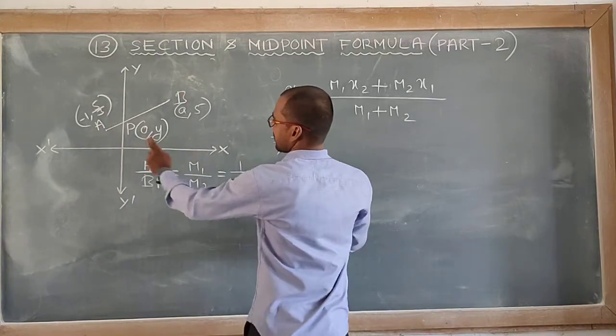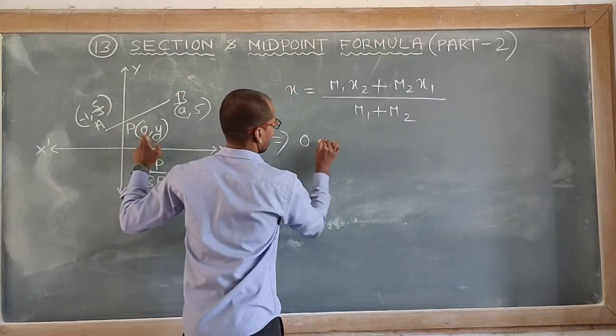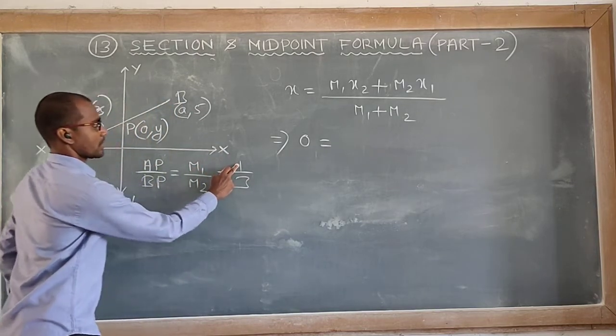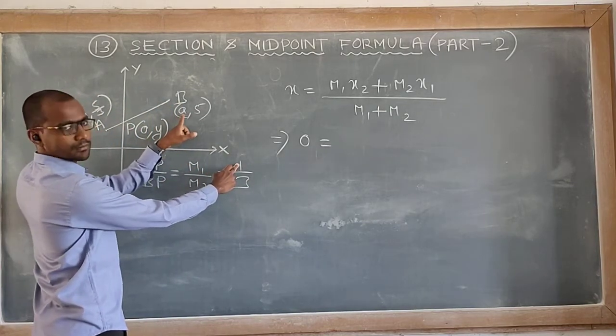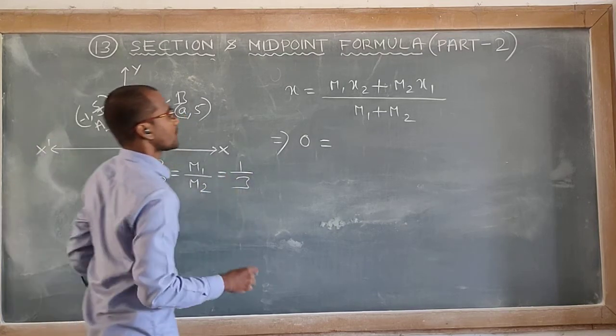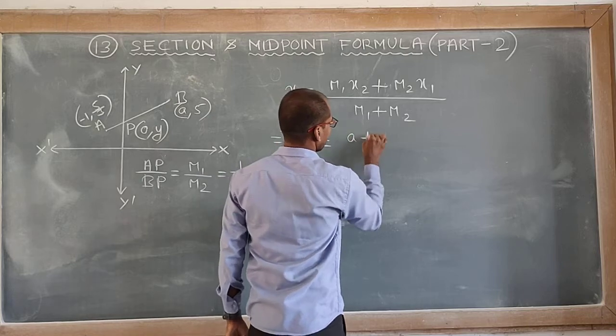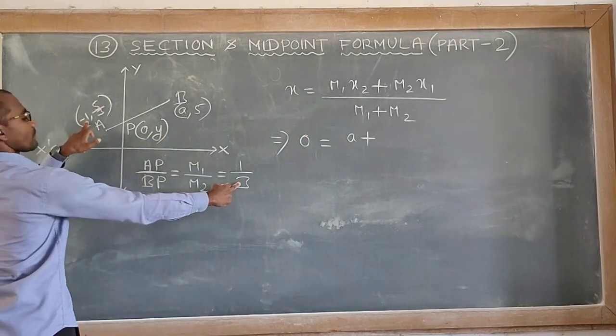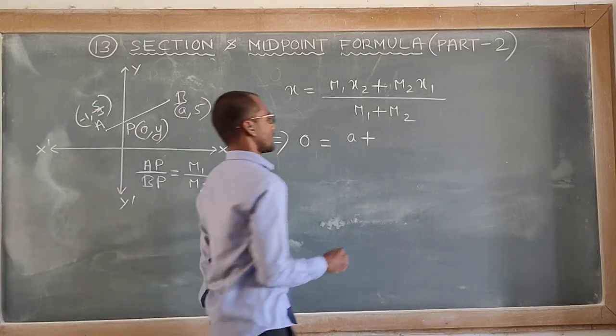Put the values: x is 0. m1 x2 is 1 into a, which is a. m2 x1 is 3 into minus 1, which is minus 3.